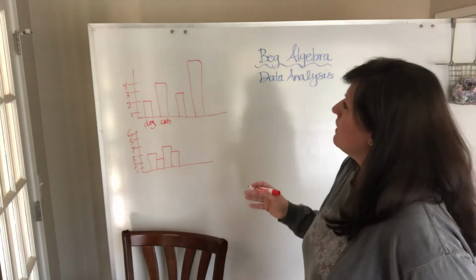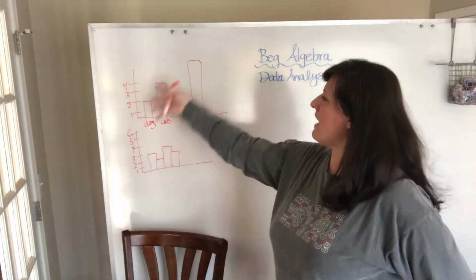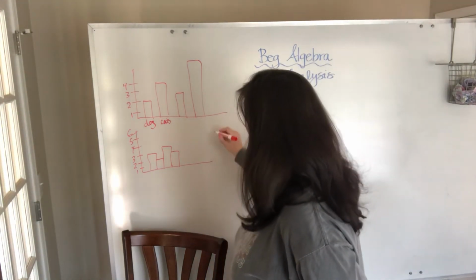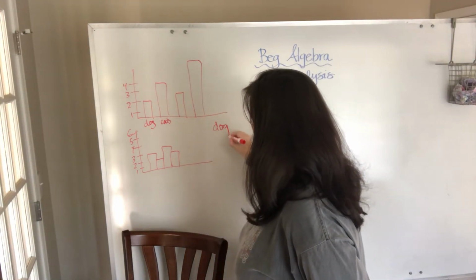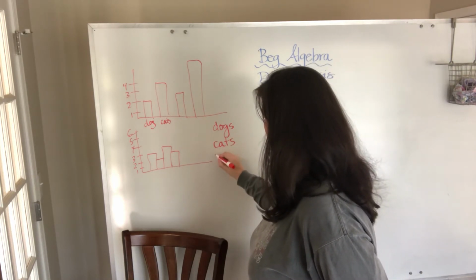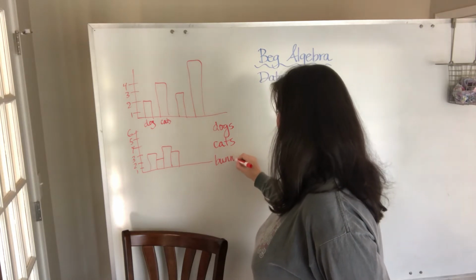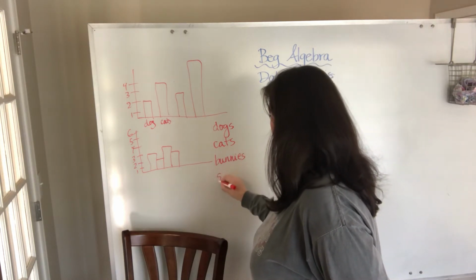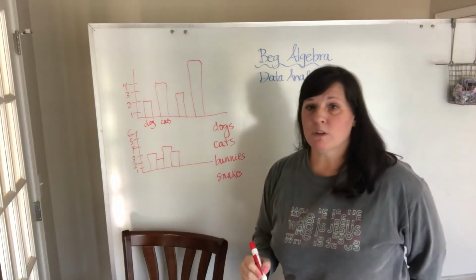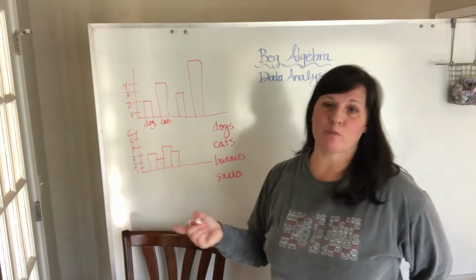Okay. So let's say we asked students their favorite animals. Okay. And so we said, all right, dogs, cats, bunnies, and we're going to go with snakes. Just for the sake of this, and we're going to assume that Jason and Cameron both probably want snakes.